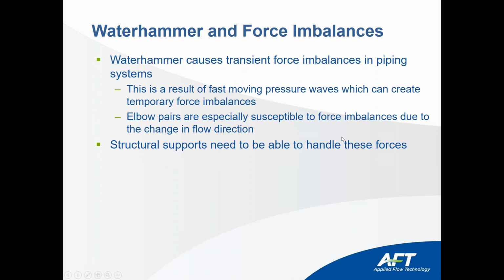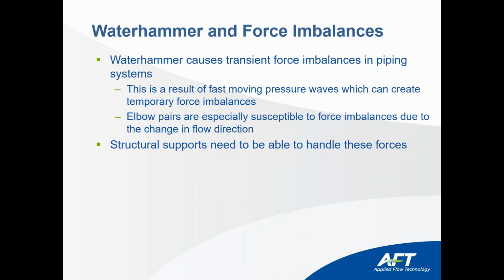Waterhammer and force imbalances. Waterhammer causes transient force imbalances in piping systems. It is very critical and you have to study it. This is a result of fast-moving pressure waves which can create a temporary force imbalance. What happens is the fluid has inertia, and that energy, when you close a valve, is converted into pressure, and that pressure starts traveling along the pipe.